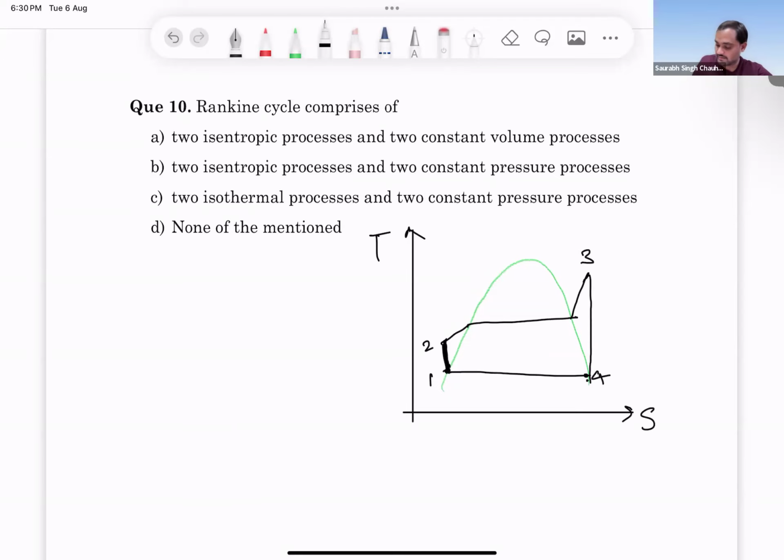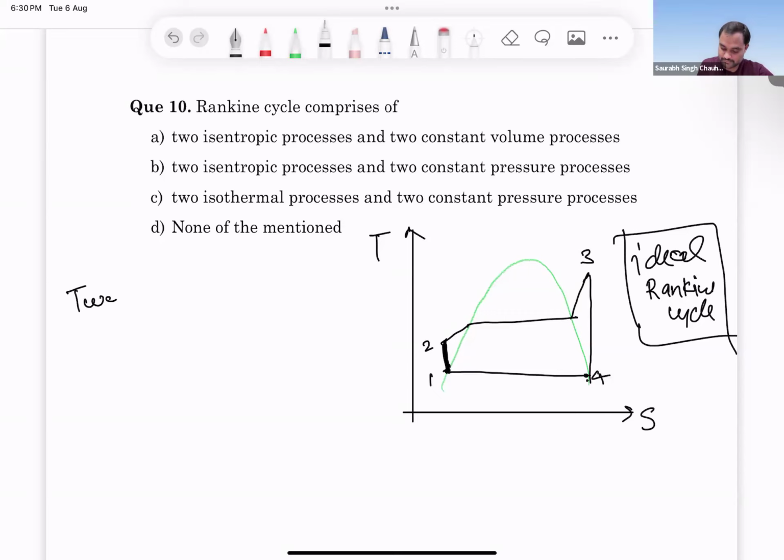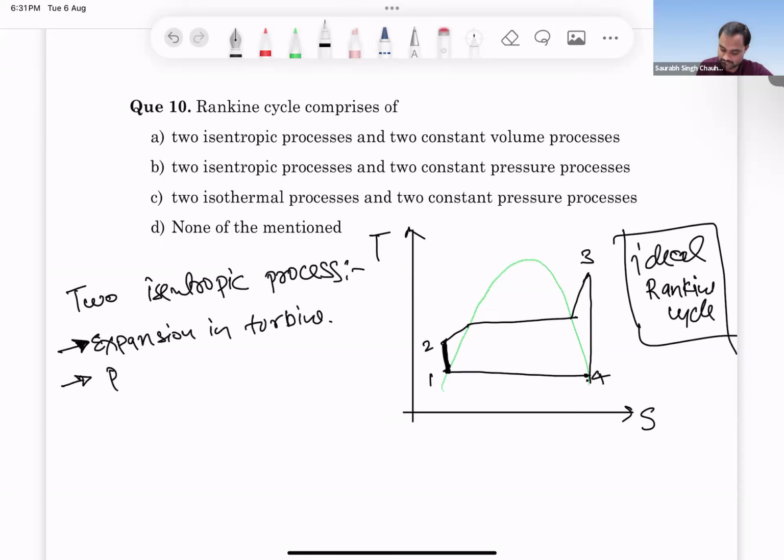Of course, we are talking about ideal Rankine cycle. So there are two isentropic processes. What are those processes? Expansion in turbine and pump, pressure rise.